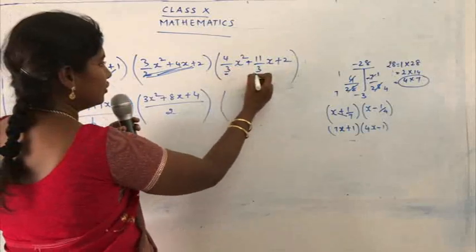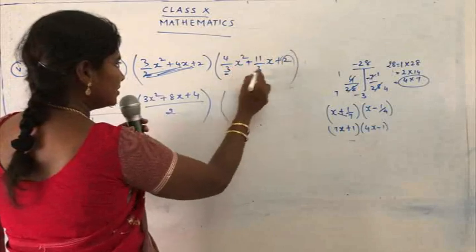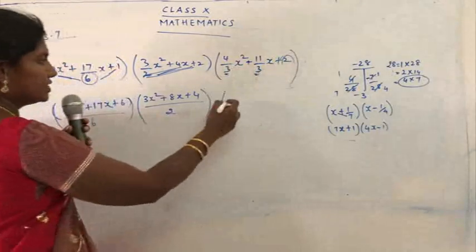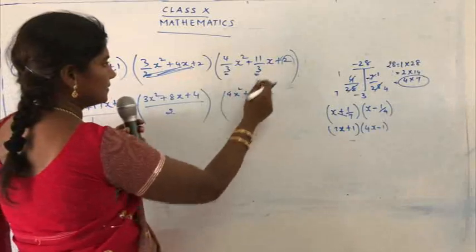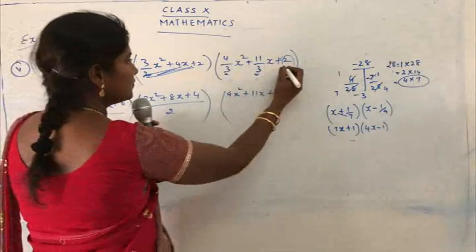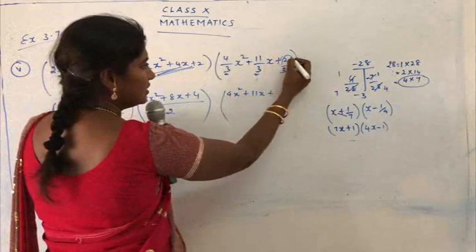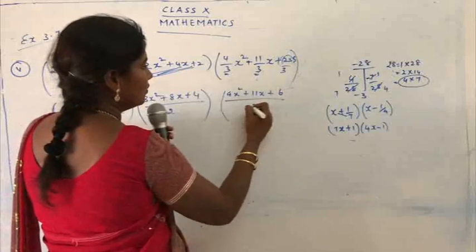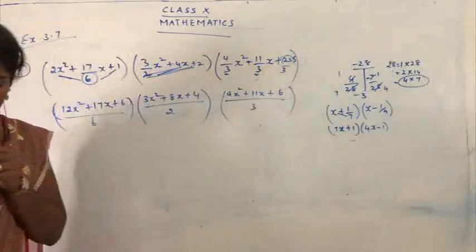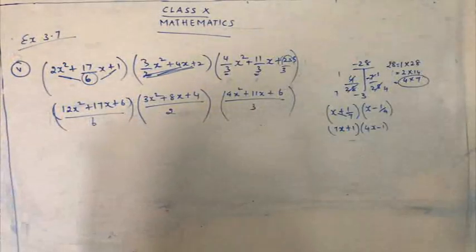Here only the denominator part is left, so we have to just take the LCM as 3. So it's 4x square plus 11x plus 2 3s are 6, because we need a denominator 3. If I'm multiplying here by 3, the same thing should be multiplied here. So it becomes 6 upon 3. So you get 4x square plus 11x plus 6. So we have simplified.